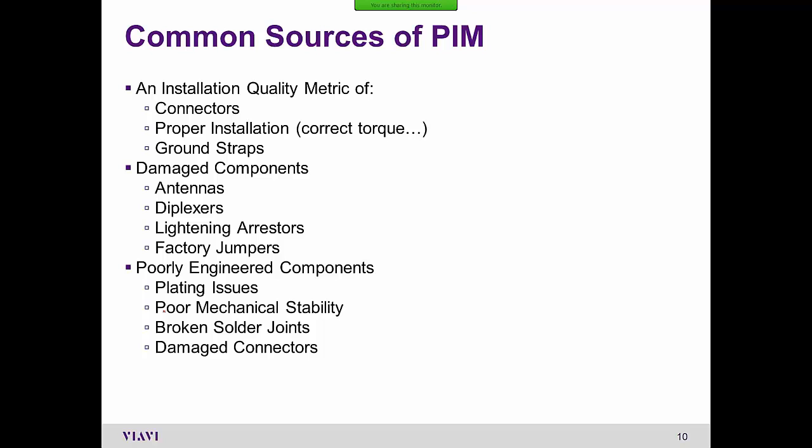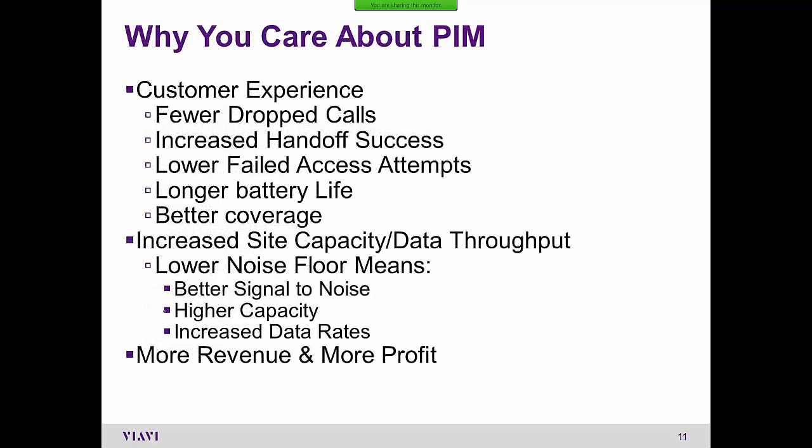In other words, they just aren't robust enough and they move around a little bit when there's some pressure applied to them, like when wind hits a tower and it causes things to move a little bit. Broken solder joints at the end of a connector or in a board inside of an antenna, and damaged connectors, all pretty common things.